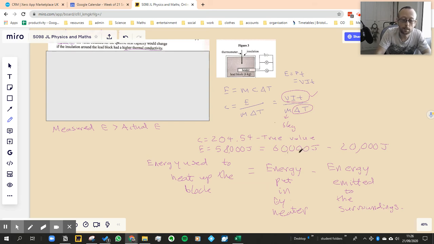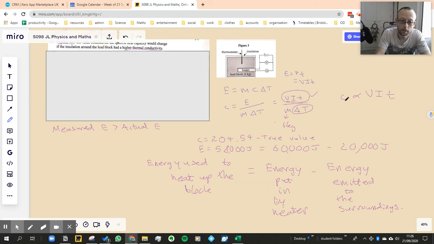So what would happen then to my measured value of C? Well, if we say that we're measuring the same temperature change, but we think we had to put this much energy in, not realizing that that much energy was lost, then when we calculate the specific capacity, we can forget about that bottom bit and just say the specific capacity is directly proportional to our measured change. We could say our calculated specific capacity is directly proportional to the voltage times the current times the time.